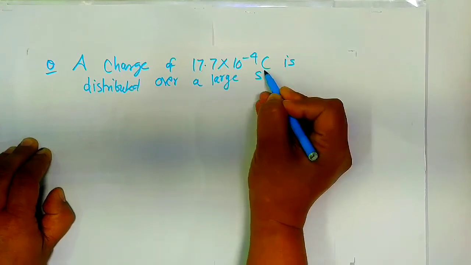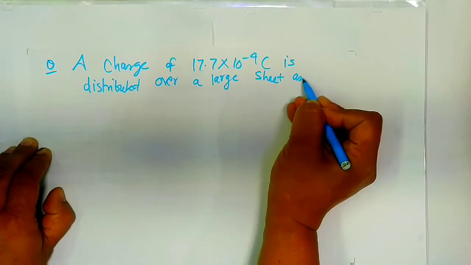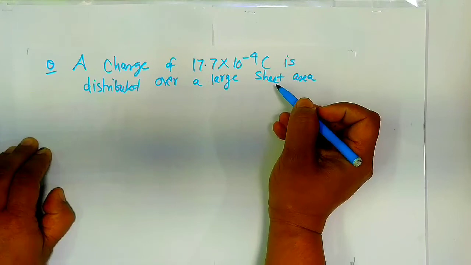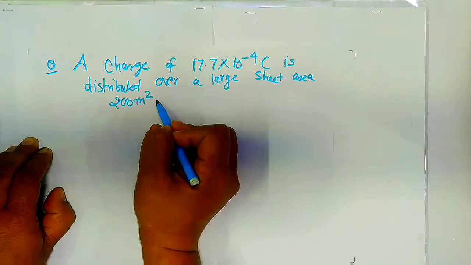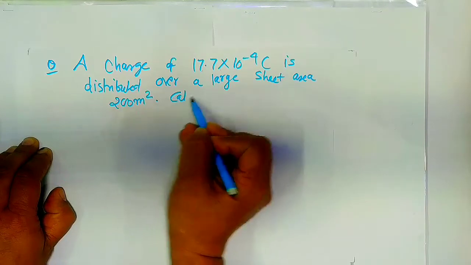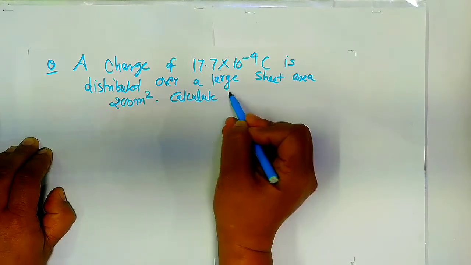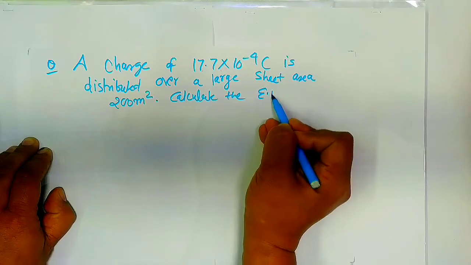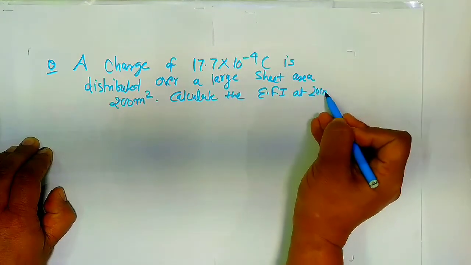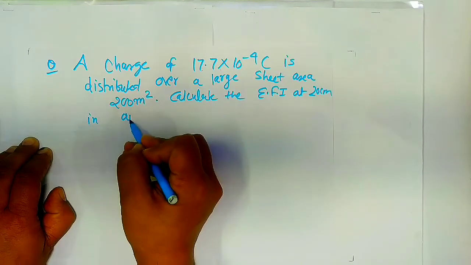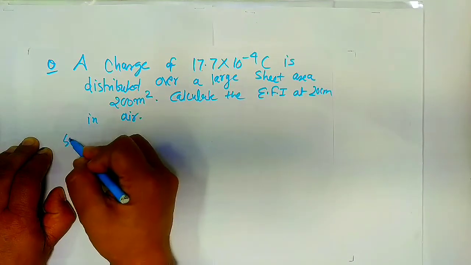That means a large sheet is given, with area, say, 200 meter square, a very large area. Calculate the electric field intensity at 20 centimeter in air. It's a formula based question.